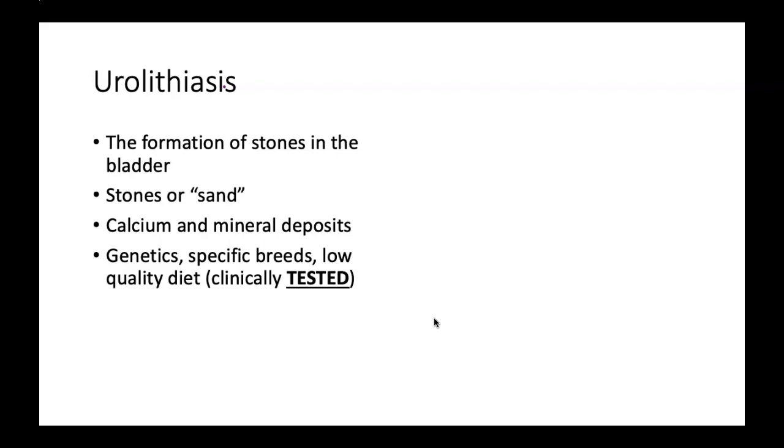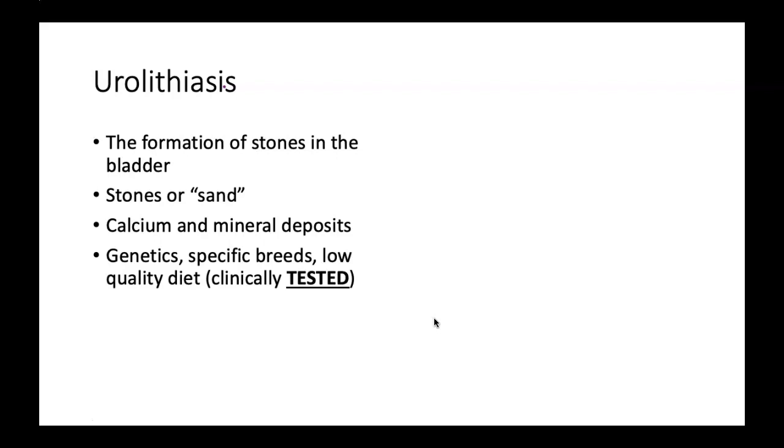They think they're selling you the best food. However, something that you should always look for with your food is to ensure that it has been clinically tested, clinically trialed. Animals have actually gone on this food for a long period of time and the results have been documented and compared, instead of clinically formulated.